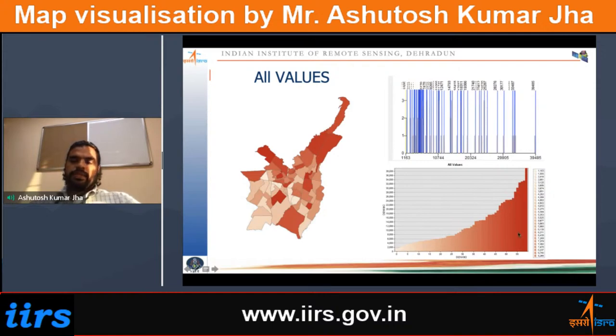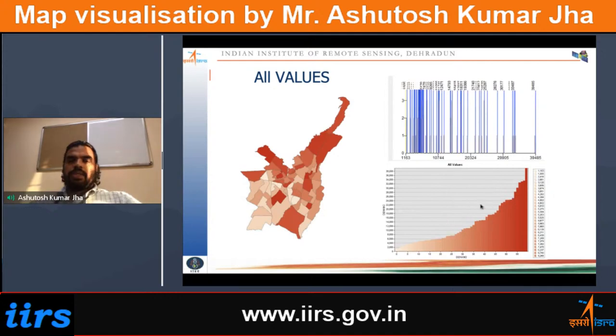In this case, a total of 60 different tones or colors have been used, and all these colors are in ascending order. So as the value increases, the corresponding darkness of the redness also increases. That's what we are seeing in this representation.